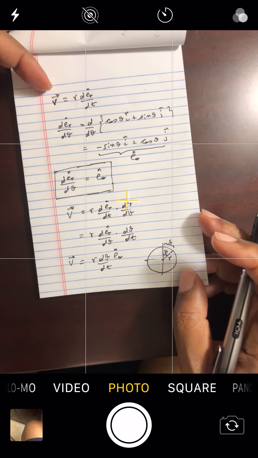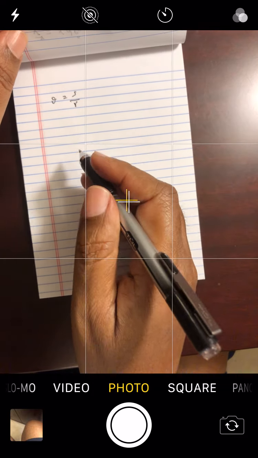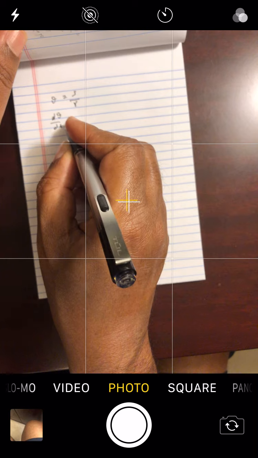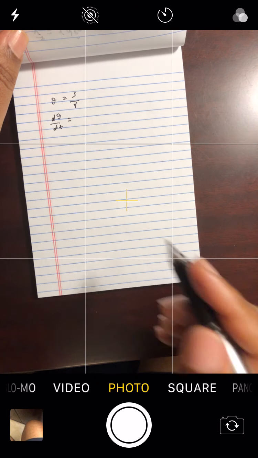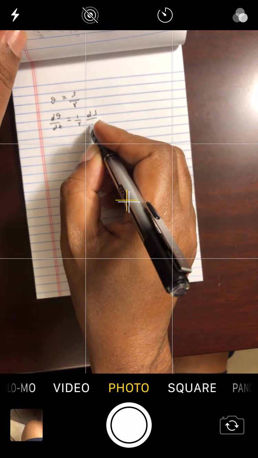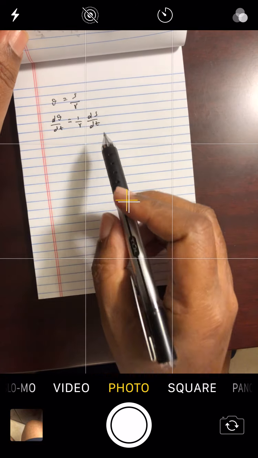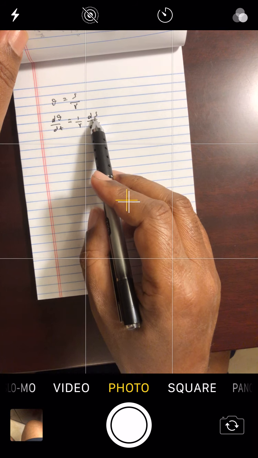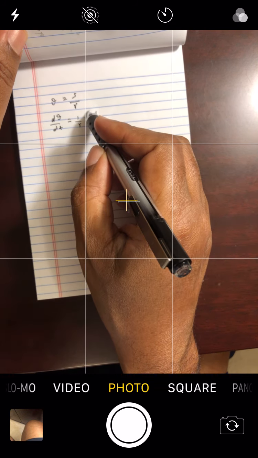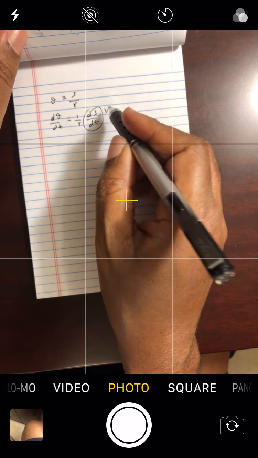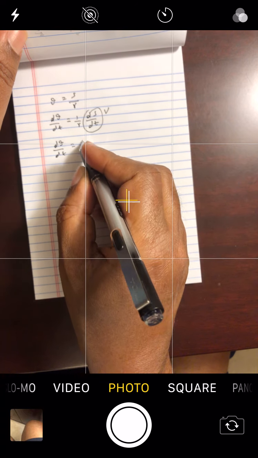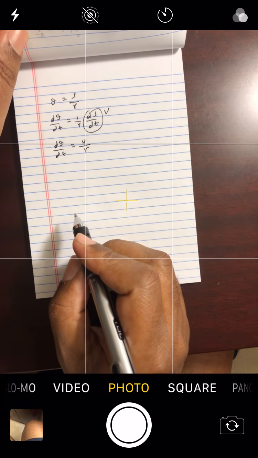So looking at d theta by dt, with r as a constant, it's 1 over r times ds by dt. But s is distance, so the derivative of distance with respect to time is simply speed, v. So d theta by dt is simply speed divided by the radius.